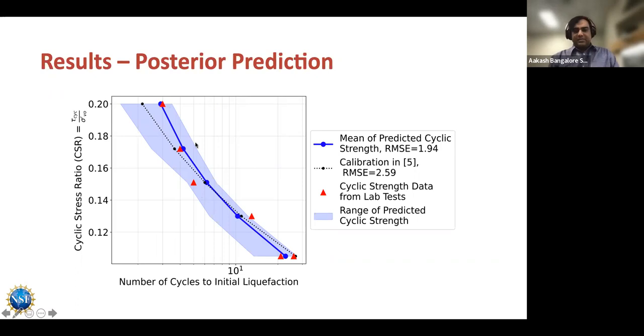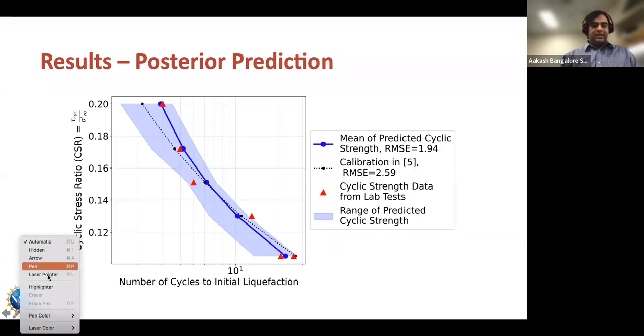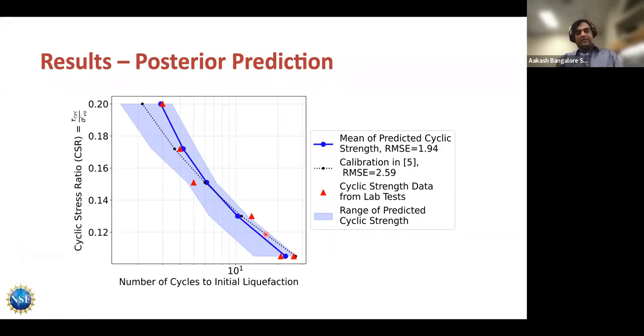So that's something good. Another thing to observe is that once we have all of these predictions, we can take the mean value of all of those predictions, and that corresponds to the solid blue line in the curve here. Previously, for the same data set, another calibration had been done deterministically and manually, I guess.